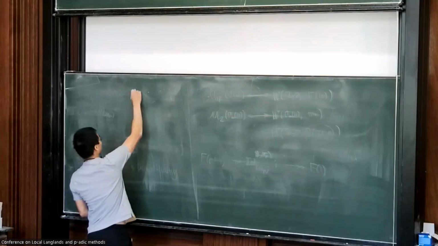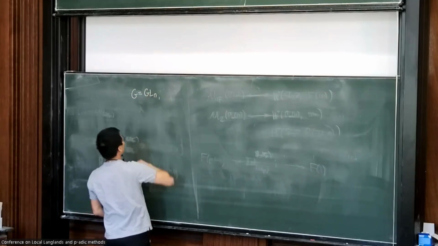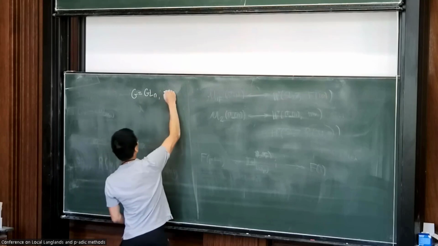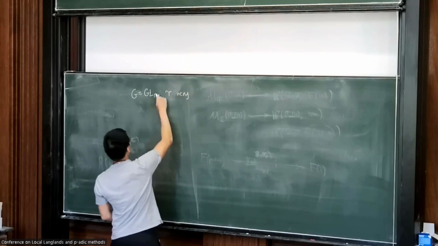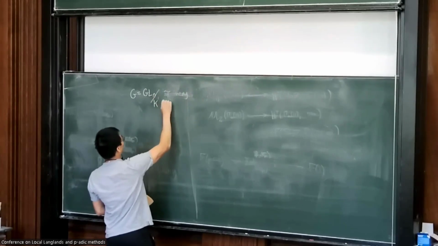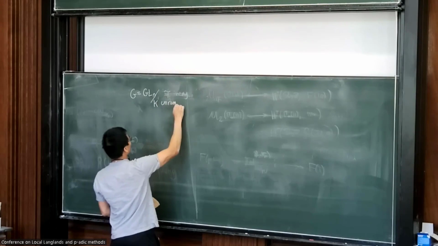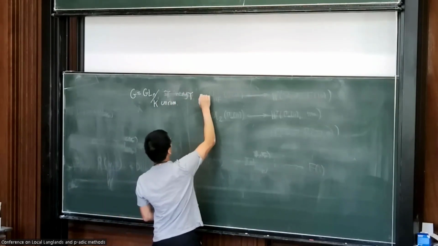So next I'm going to talk about the case of GL_n, where n is arbitrary, but tau is very generic. This will be over K, which has to be unramified over Q_p. And the type tau is very generic.